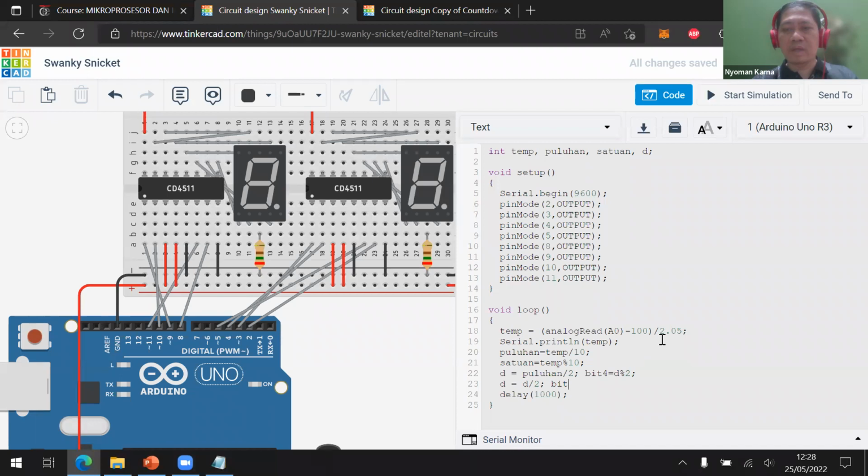And then bit 3 is, let's say, D modulo 2.